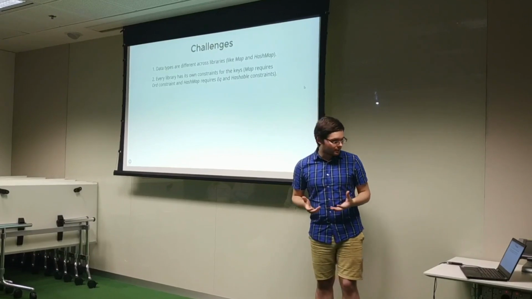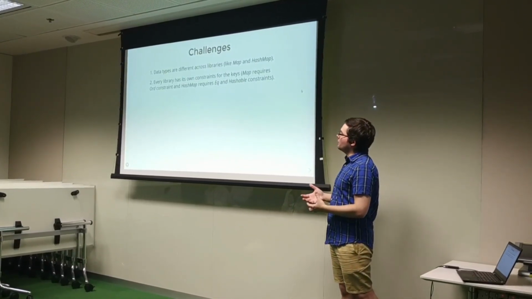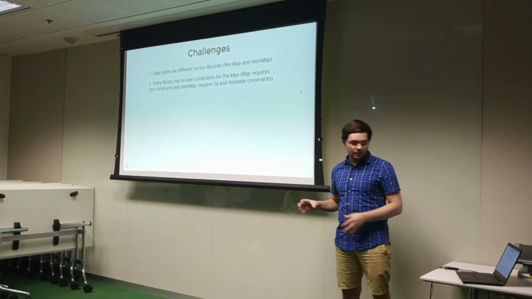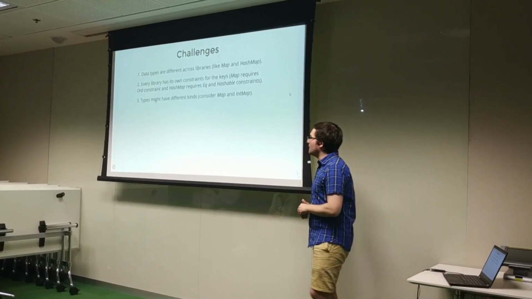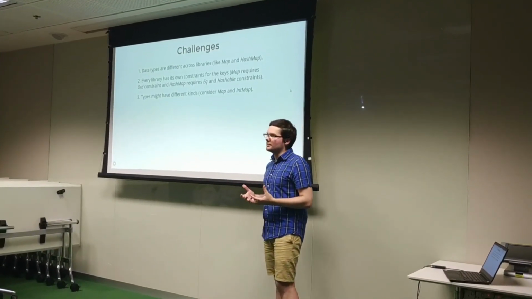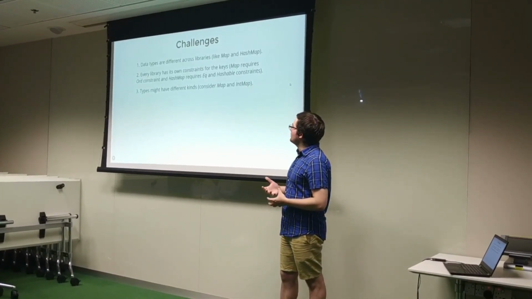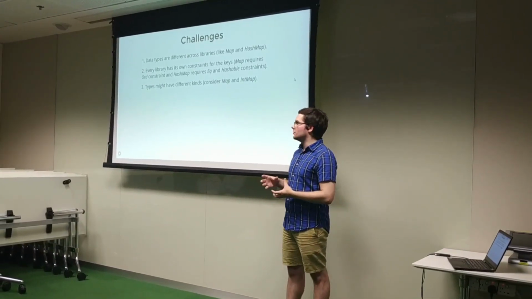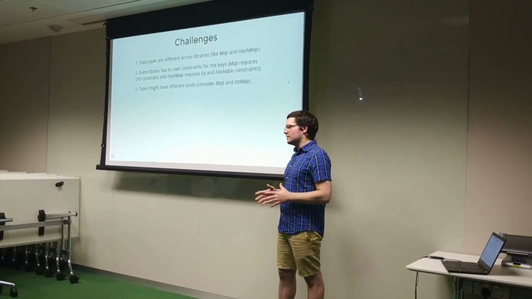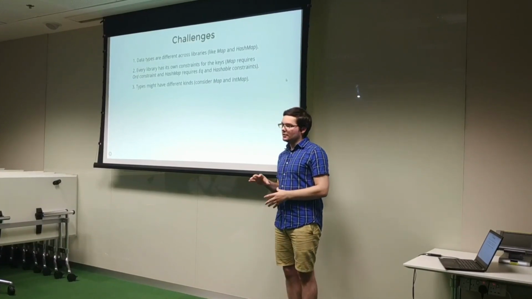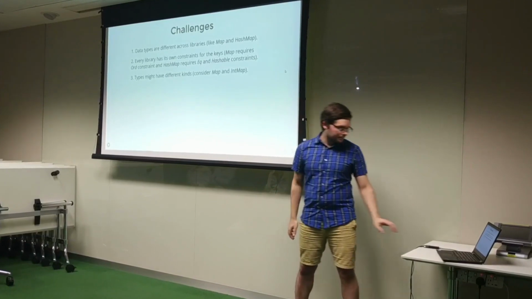So for keys, we can just abstract, but not only for the data type, we also need some abstraction over the constraints for keys. Another problem is that the types for containers actually have different kinds. Map has two type variables, whereas IntMap, a map where the keys are integers, has only one type variable. They have different kinds, and this introduces some difficulty in unifying interfaces if the structures of the types are different.